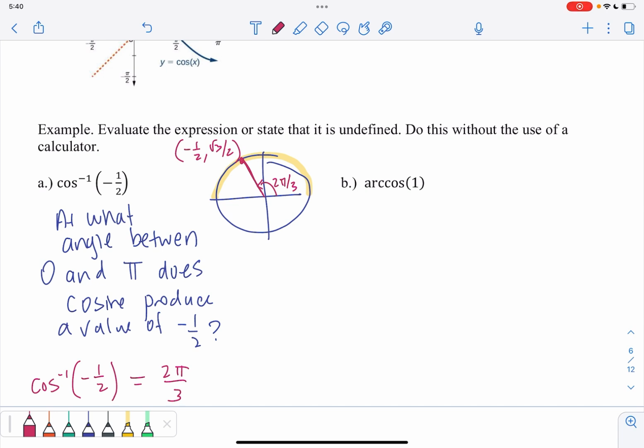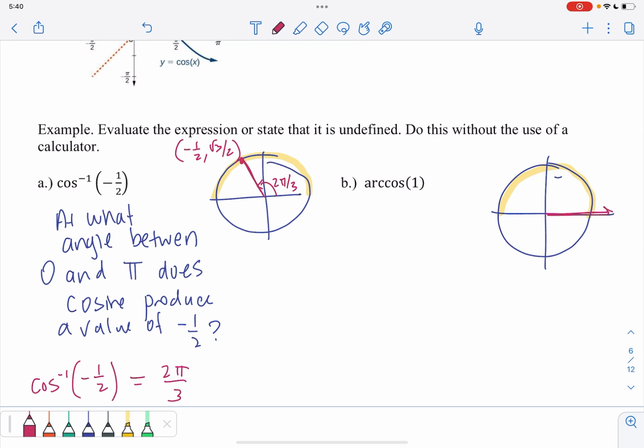Okay, now let's look at arc cosine of 1. So this is the same question, except when does cosine produce a value of 1? And so I'm going to look at my unit circle. And again, I'm only allowed to look from 0 to pi. Does cosine have an output value of 1? Yes, it definitely does.